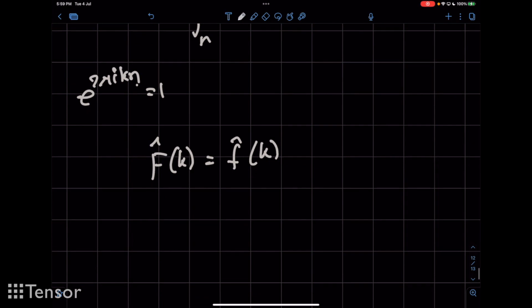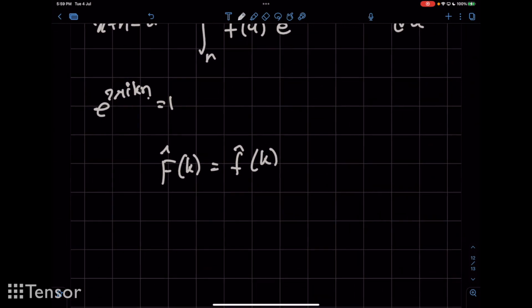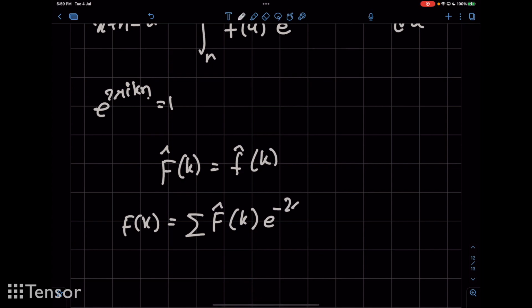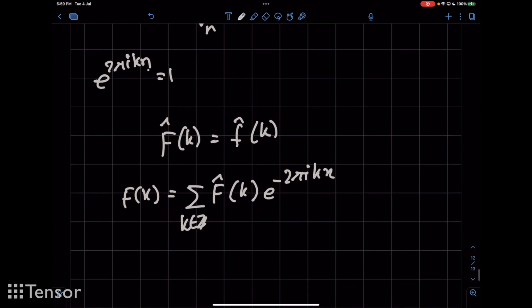So yeah, and since capital F is one periodic, the Fourier series of F is: F of x is equal to the sum of F hat of k e to the negative 2 pi i kx as k runs in the set of integers, right?